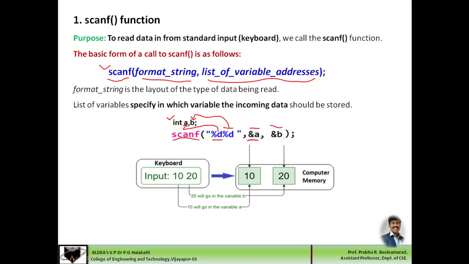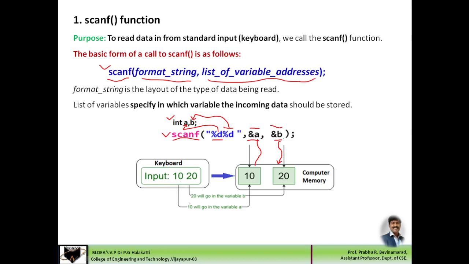Here I have specified ampersand a. The meaning of ampersand a is nothing but address of a. So a is a name of the memory location. Second, address of b. So b is a second memory location. When this statement is executed, we enter two values from the keyboard.